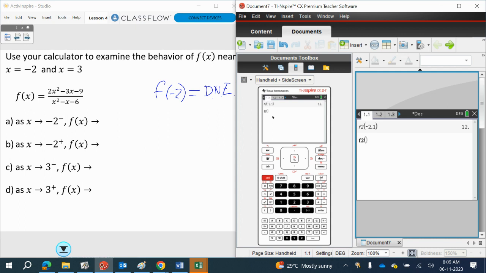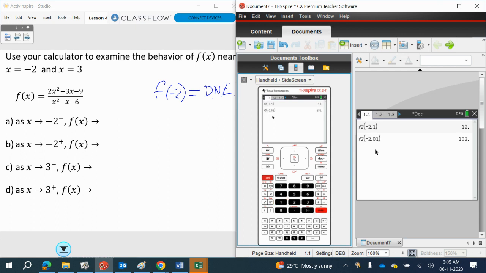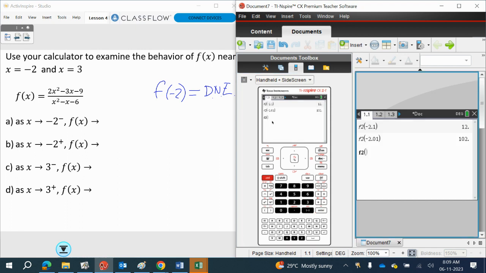Let's take -2.01. I'm closer now, aren't I? I've moved a lot closer, up to 102. Let's do it again and get even closer. What should I do to step closer? -2.001.